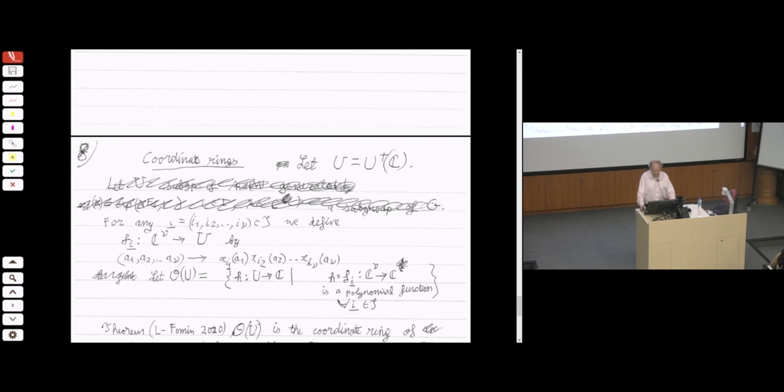So this is not an obvious result. I claim that that's a description of the coordinate ring of U, and it is based on these ideas of this U plus over a semifield.